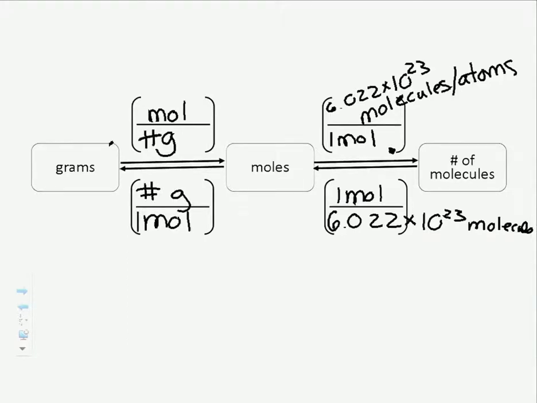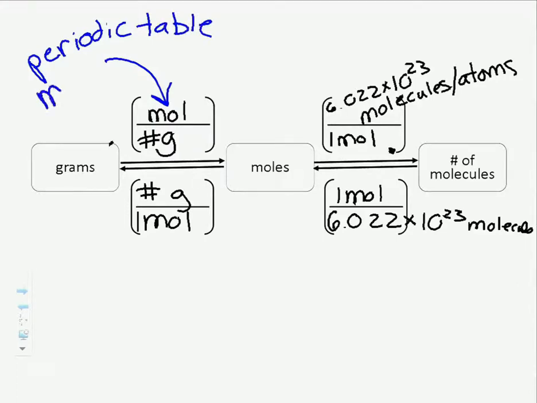And once again, this number of grams comes from your periodic table. It's your molecular weight, whereas this one is Avogadro's number. So get familiar with going back and forth, back and forth. Whichever one you need, you can utilize to help get you to the end game.